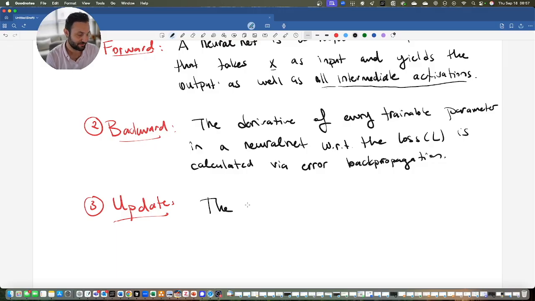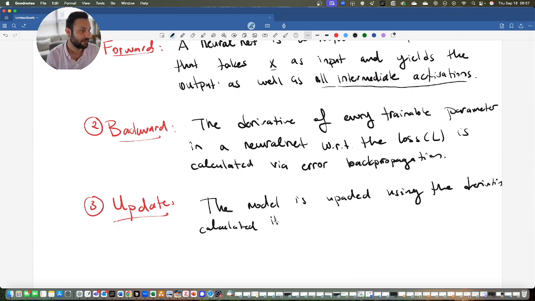The model is updated using the derivatives calculated in the backward phase. So typically what we do is we use something that we introduced last week, SGD, or some momentum-esque methodology like ADAM, AdaFactor, AdaGrad, etc. So these are the three phases.